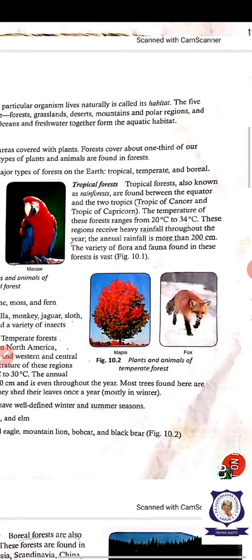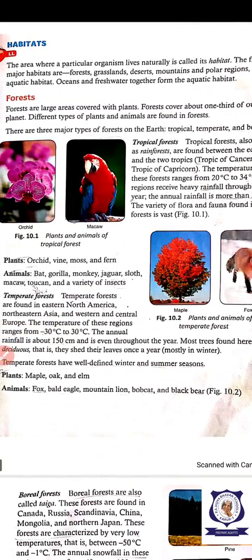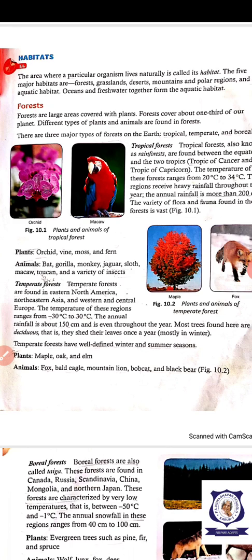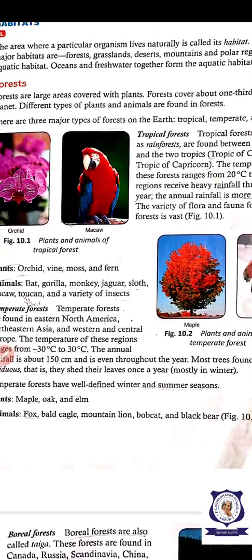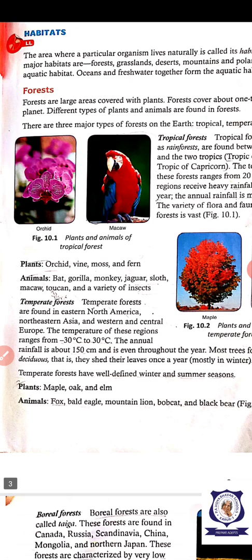Okay, children. Now you will be having the notebook and a pen in your hand, isn't it? First you write the heading of this lesson. Lesson 2. This is lesson 2 as per the first term. In the book it is given as the 10th lesson, but it is not the 10th lesson for us. It is the second lesson for us.